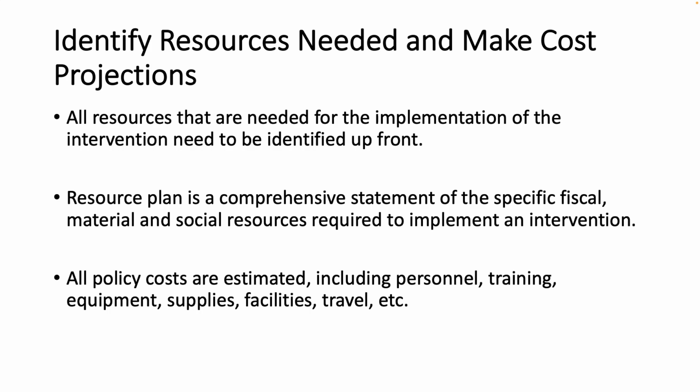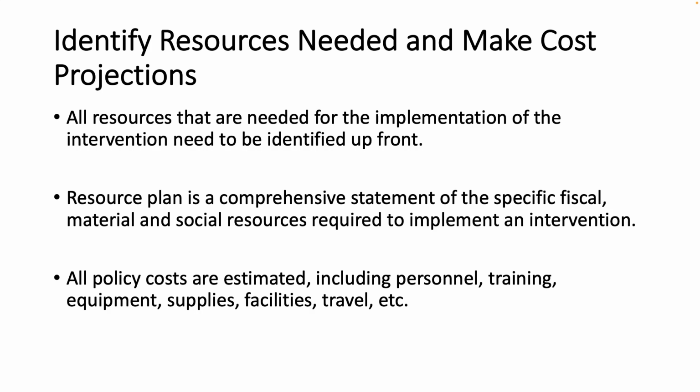So the first step really in this process is developing what is called a resource plan. And a resource plan is a comprehensive statement of the specific fiscal, so your financial, your material, and your social resources that are required to implement an intervention.